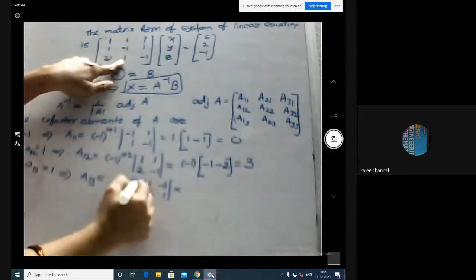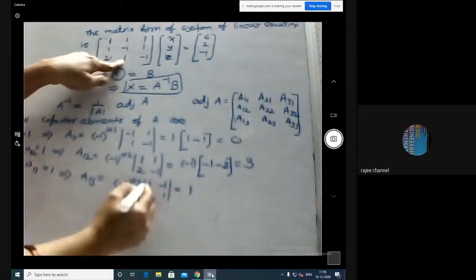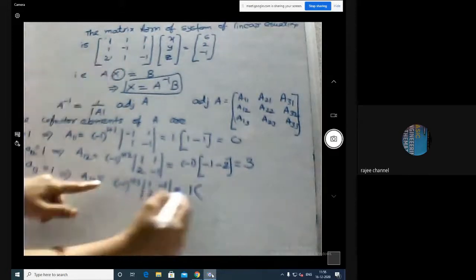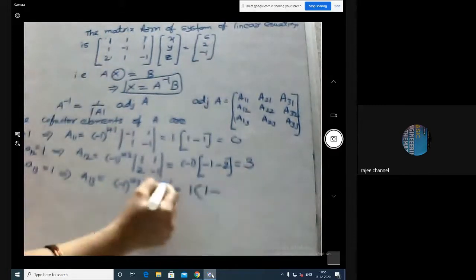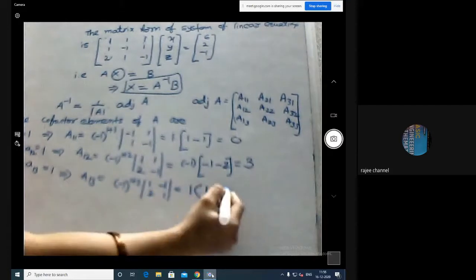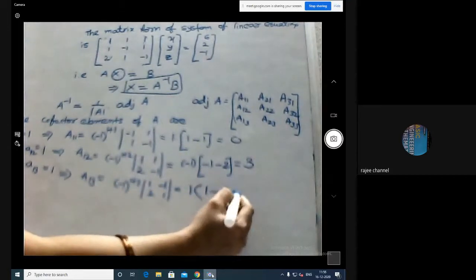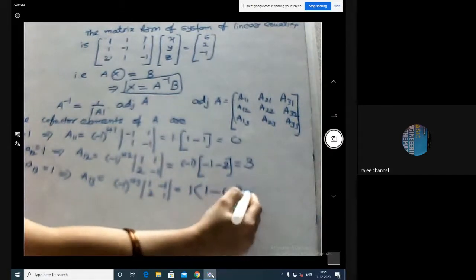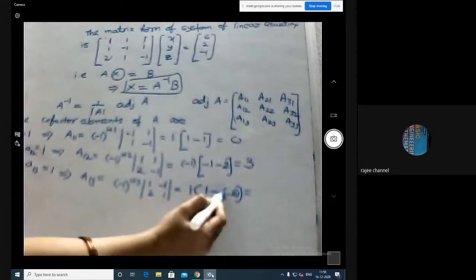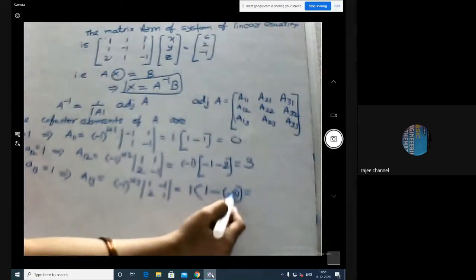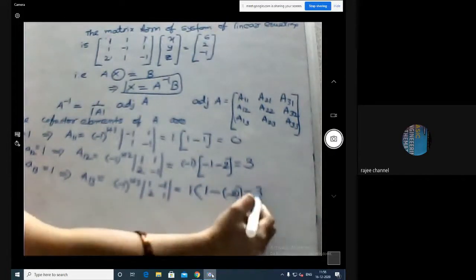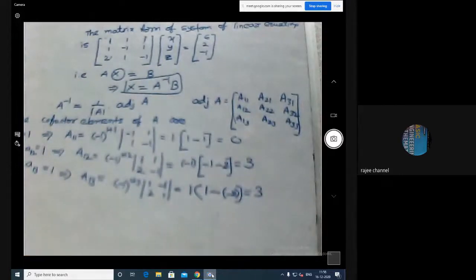So -1 whole power 4 is positive 1. Here 1 into 1 is 1, minus of -1 into 2 is -2, so 1 plus 2 is 3. 3 into 1 is 3. A13 is equal to 3.